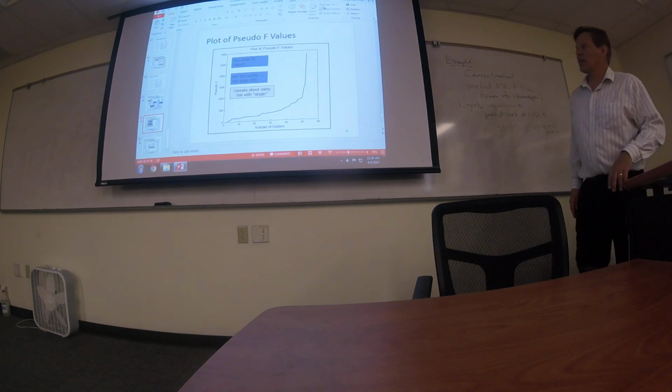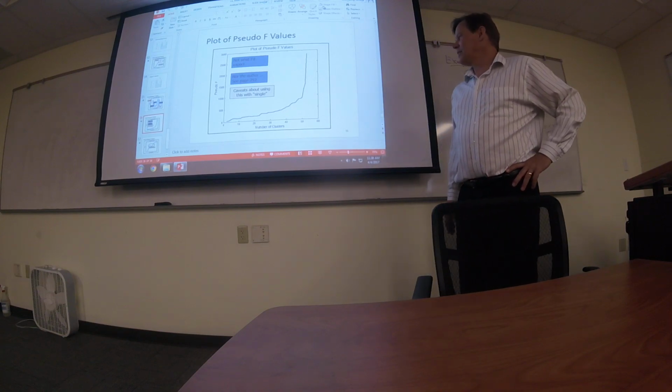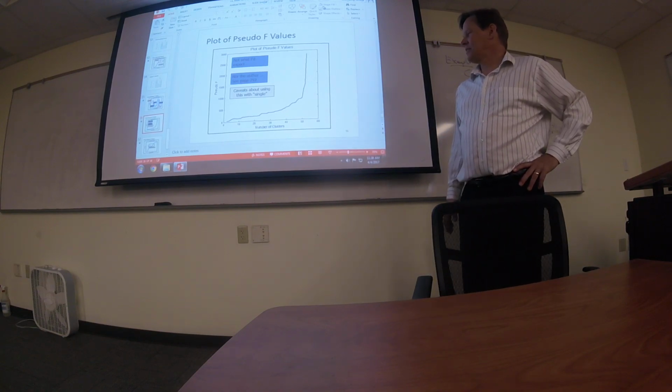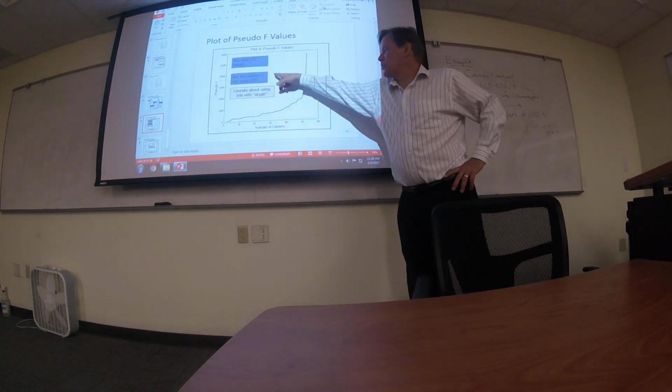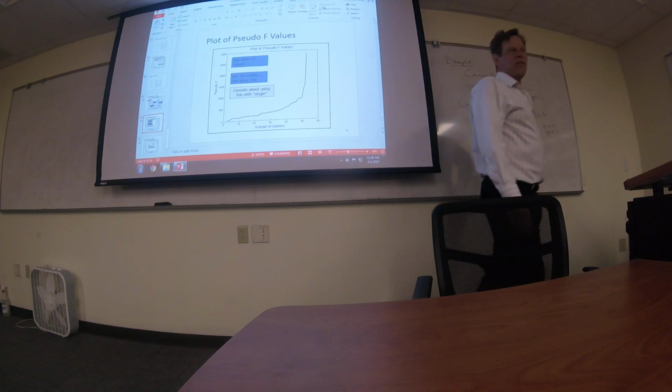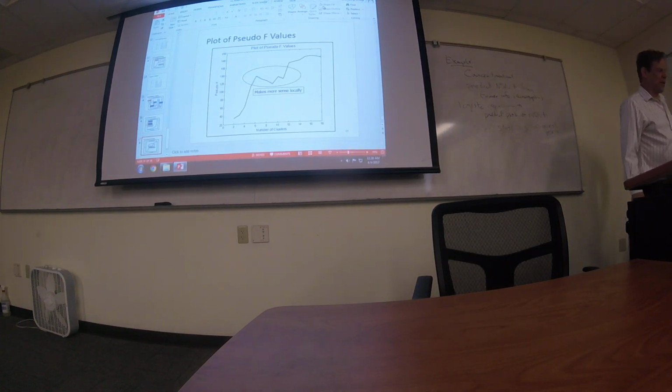This is something called a pseudo F value. The decision is somehow, I guess the book says something about it on page 292. I don't know. Finite amount of time in life.